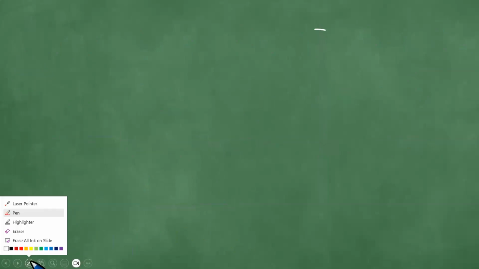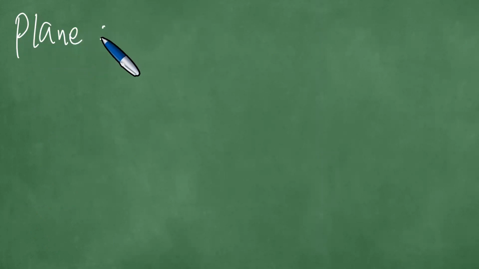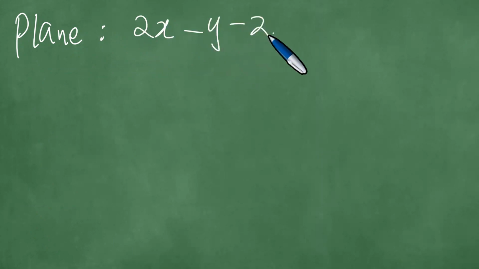We have been given the plane with the equation 2x minus y minus 2z equals 6.